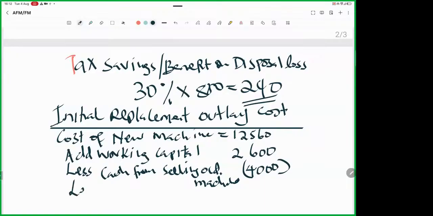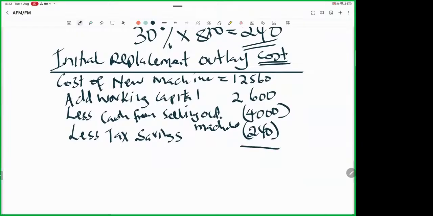So less tax savings. Remember, incomes we subtract, because we are looking at cost. So costs are positive, incomes we are subtracting. The tax savings, you gave me a figure of 240.